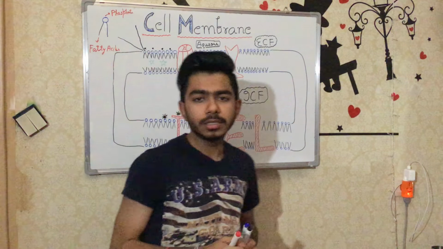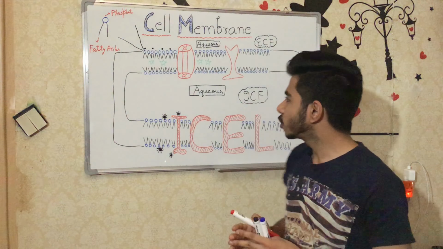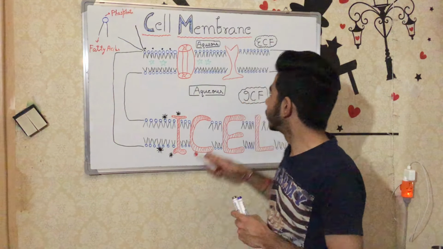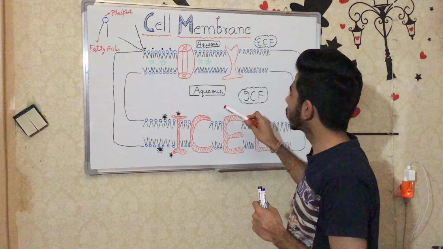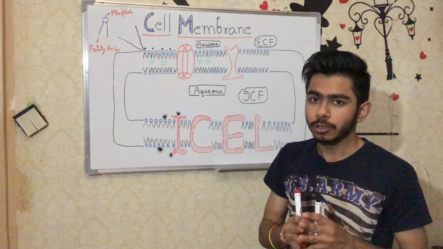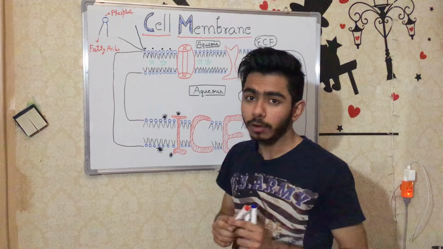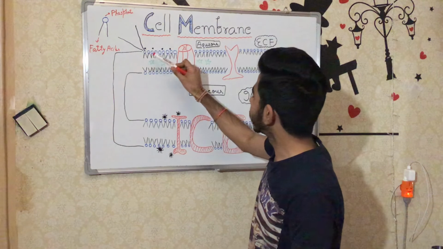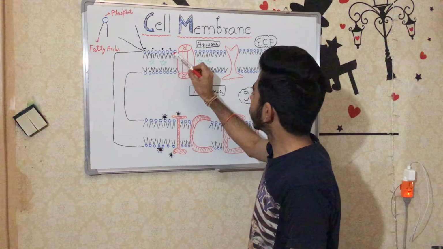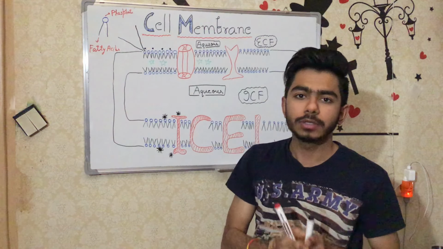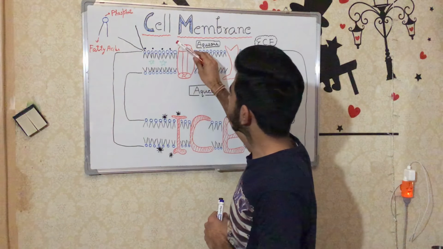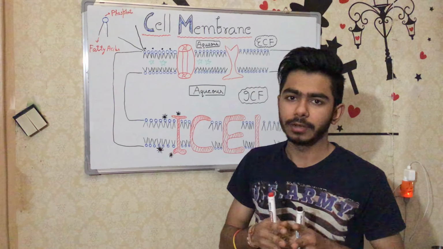Now the interesting point is that these phosphate groups of the phospholipids are the hydrophilic part, meaning they are water loving. That's why, as I have mentioned, the extracellular fluid and intracellular fluid are aqueous. If you focus over here, the phosphate groups of the phospholipids are situated towards the aqueous side, because they are hydrophilic, water loving.